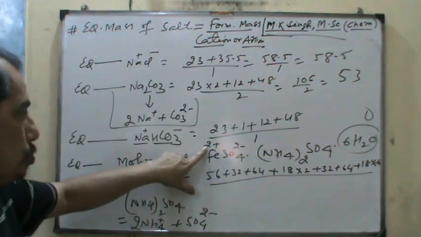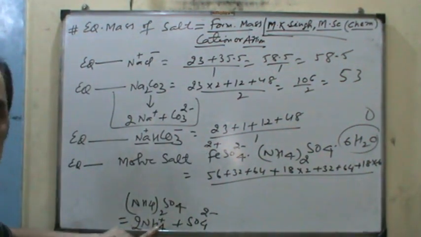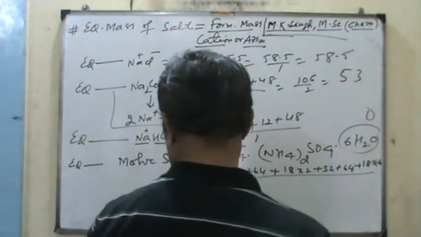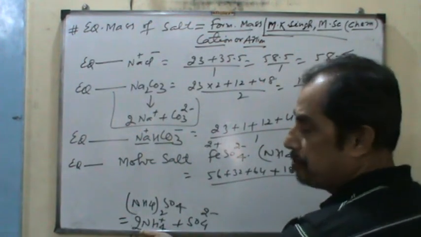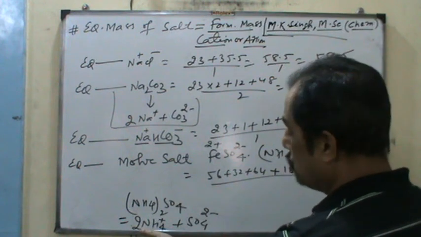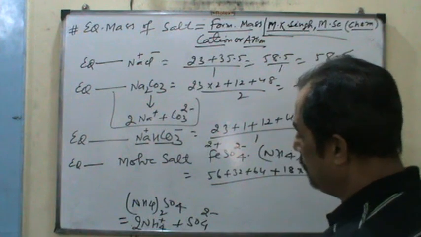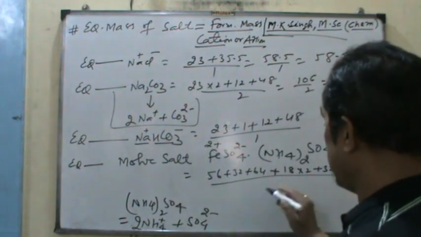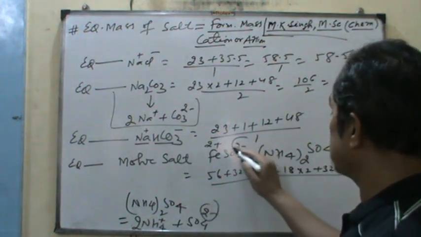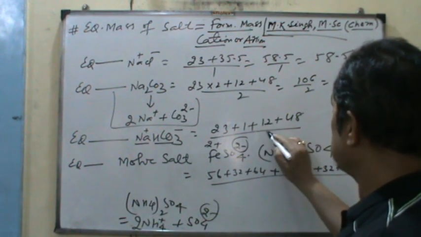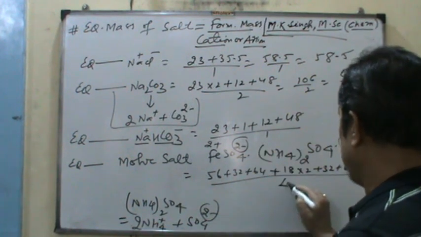Iron how many plus? 2 plus. Or here ammonium 2 plus. So 2 into 2, ammonium here 2 times. So try to understand: 2 positive charge here and iron 2. 2 plus 2, how much here? 4. So divided by 4, or 2 minus or 2 minus. Even this is divided by 4.